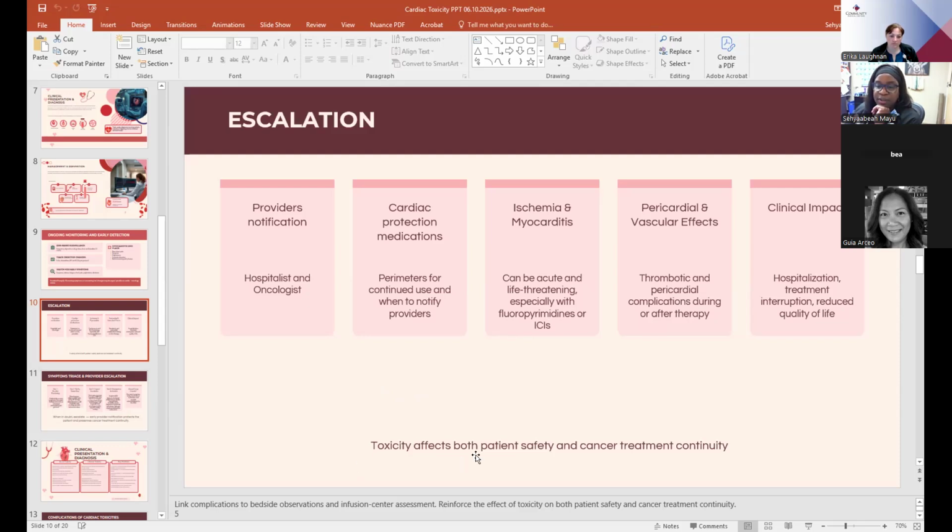So toxicity affects both patient safety and cancer treatment continuity. So we want to link complications to bedside observations and assessments. We want to reinforce the effect of toxicity on both patient safety and cancer treatment, which are bridged together.